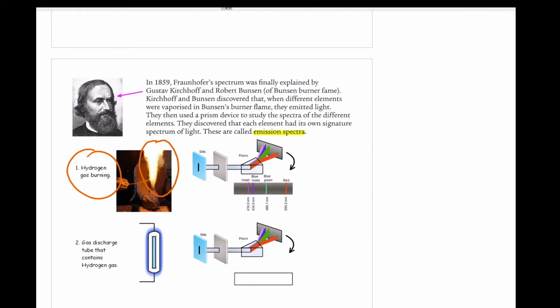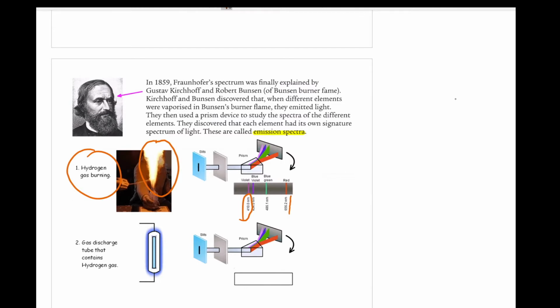That light is made up of 4 wavelengths of light. This particular violet, 410 nanometers, bluey violet, bluey green, and red light of a wavelength of 656.2 nanometers.